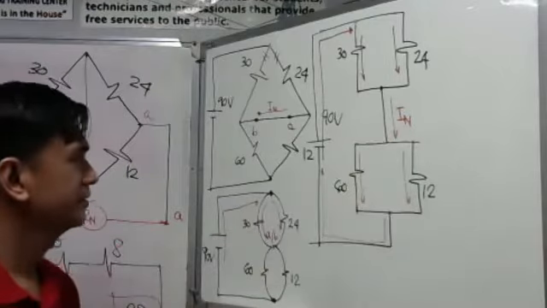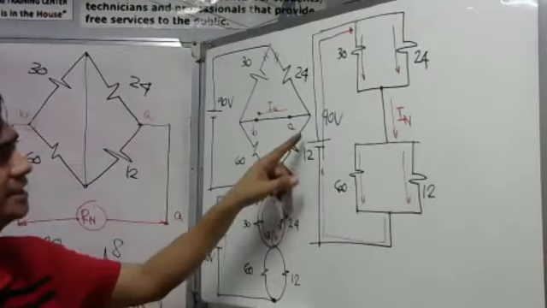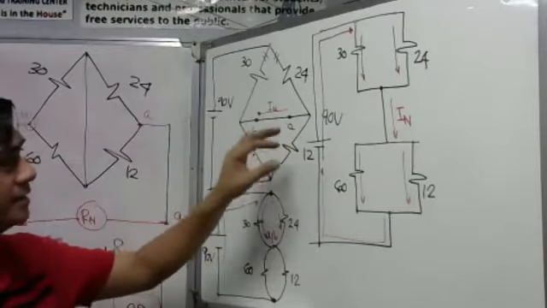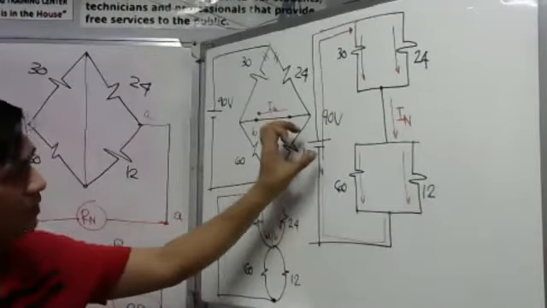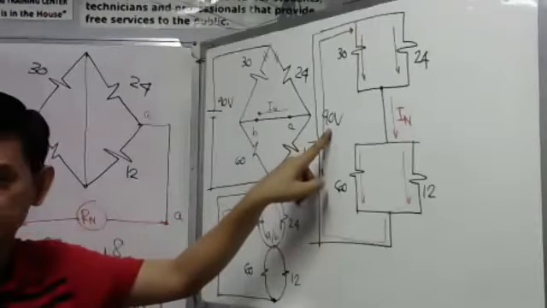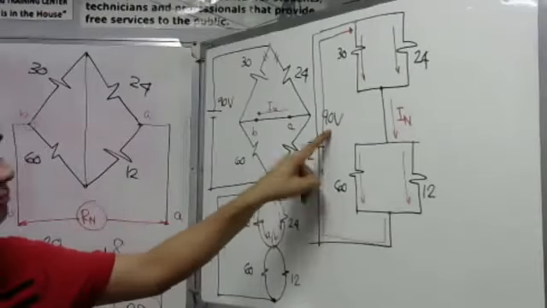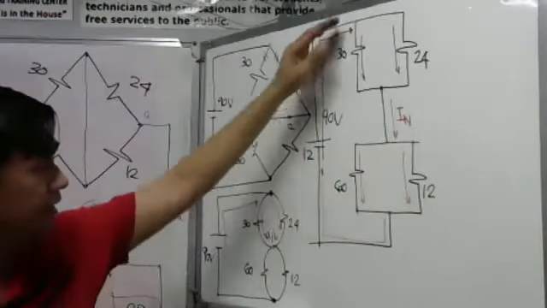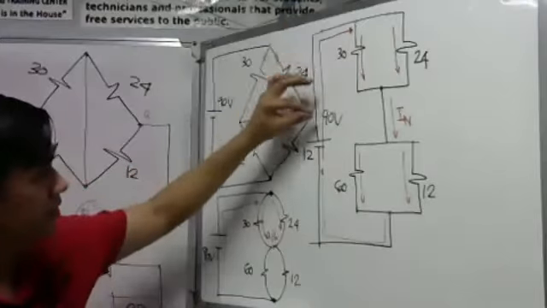Take a look here. Is it the current that will be coming from the 90 volt source? Yes or no? This is this current here. Okay?